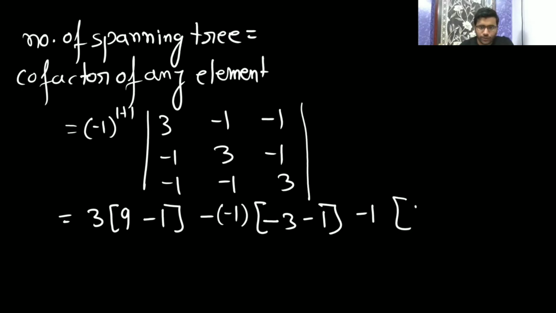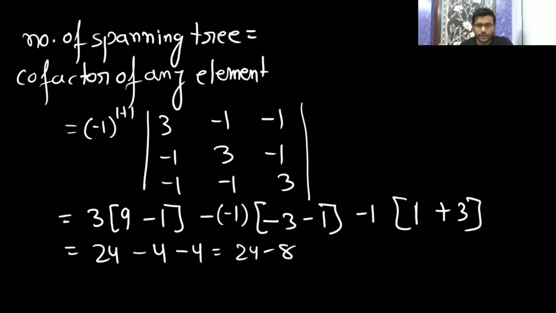This is going to be 1 plus 3. You are getting here 8 8's 24 plus -4 -4. 24 minus 8 is going to be 16. You got 16. So we got the answer. Even by using this we are getting 16.